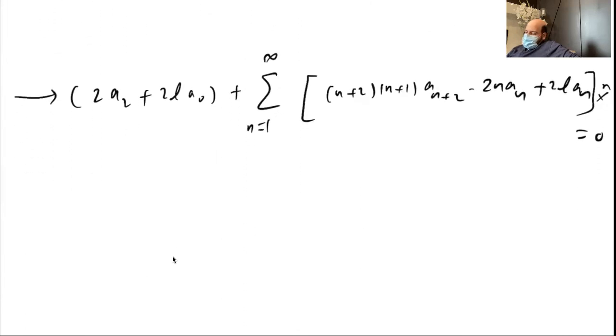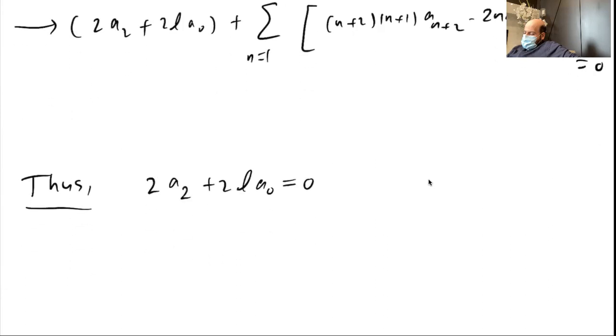Well, the right-hand side is identically 0 for every x. So that means on the left-hand side, all the coefficients must be 0, which means the constant term must be 0. And also every coefficient must be 0.